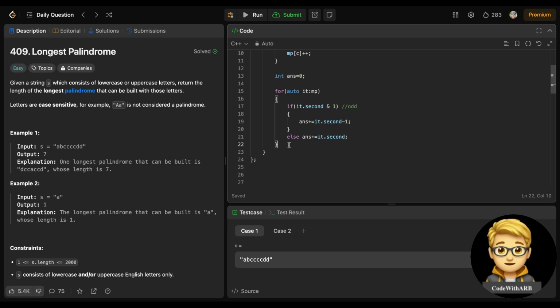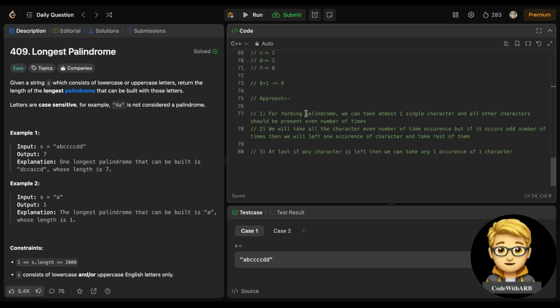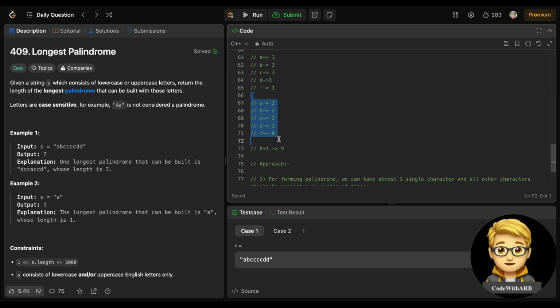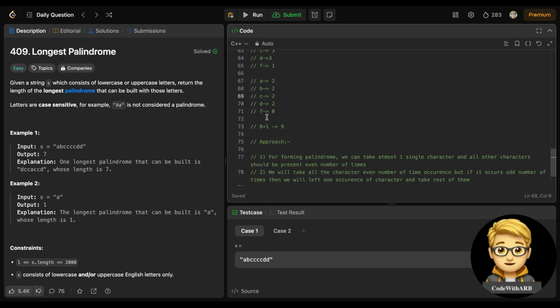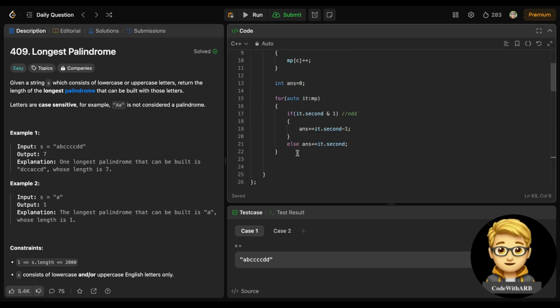Now, at last, if we have left any of the characters, I will add one after that, because we can take at most one single character in our answer, right? If the character is present an even number of times, I am taking all of it. But if it is present an odd number of times, I am leaving one character, so I can take this one character at last.